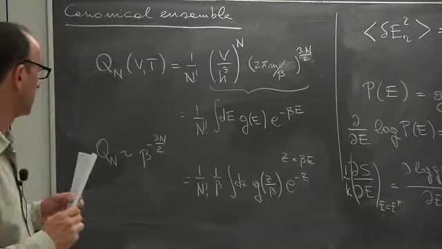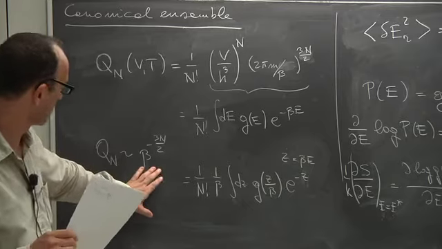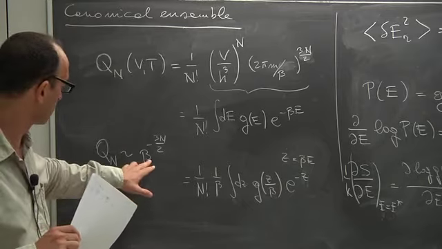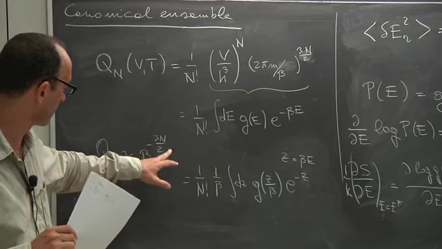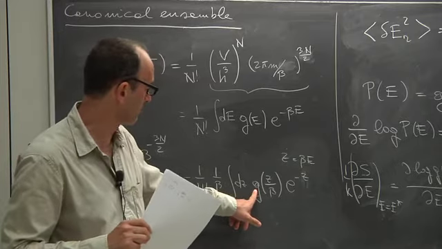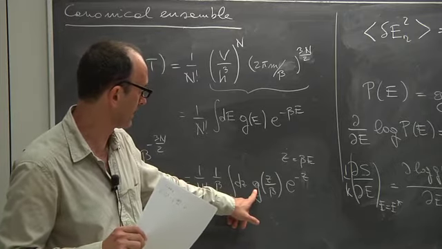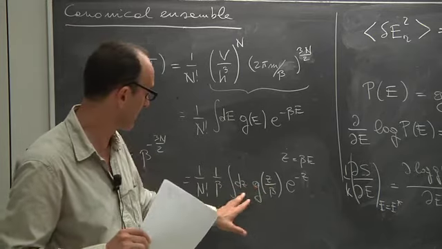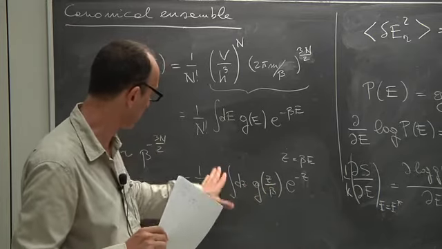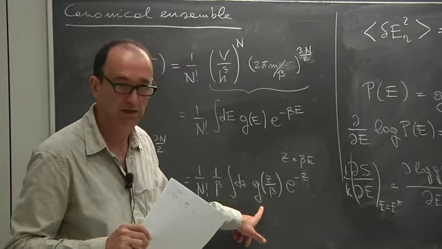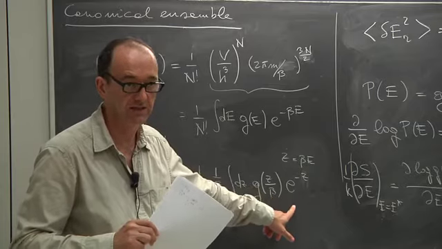Okay, so you see the Qn should have this behavior with beta, proportional to beta to the minus 3n over 2. And this behavior should be accounted for by the behavior of g as a function of z, because apart from this 1 over beta here, there is no other point where beta enters, okay?